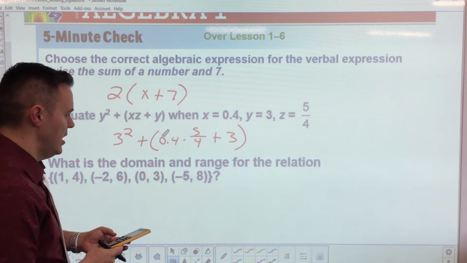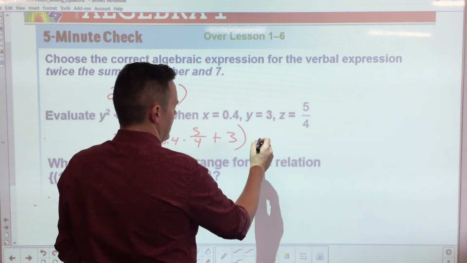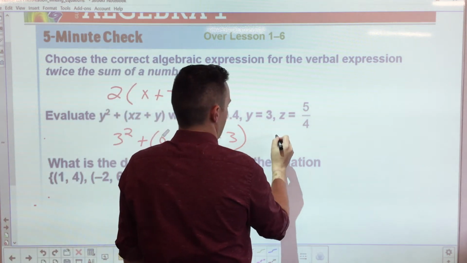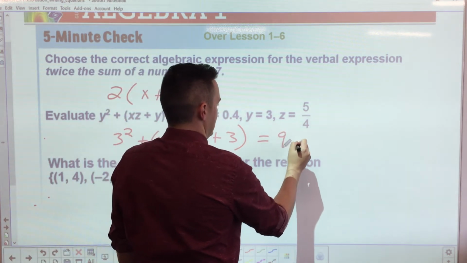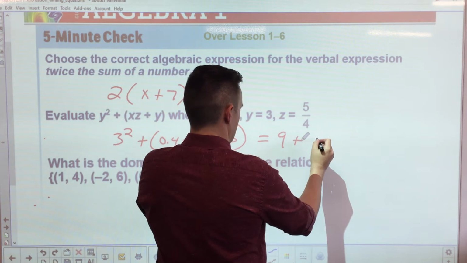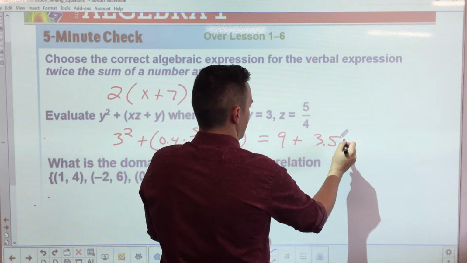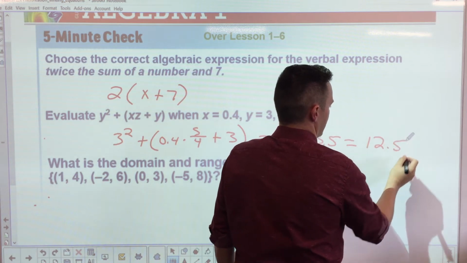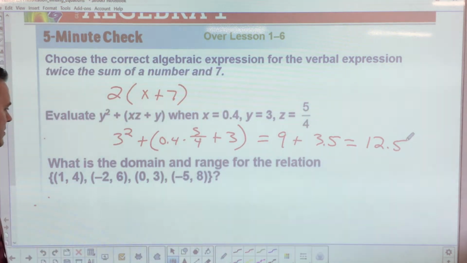I hit enter, and you get 0.5. Okay, and then 0.5 plus 3. So 3 squared is 9, plus this would be 3.5. So I'm going to round out to be 12.5. Okay, sorry, it took a bit to get there, but we got it.